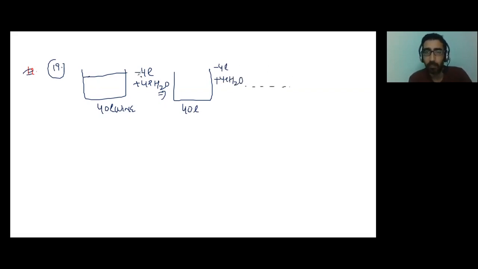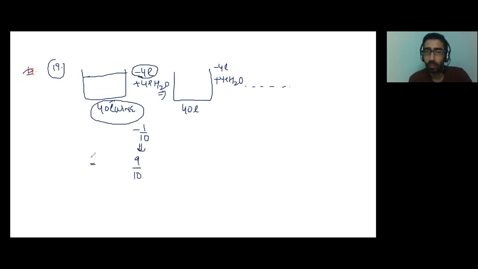What is essentially happening is 4 out of 40 liter is being removed, which means 1/10 is being removed, which means 9/10 is being retained.